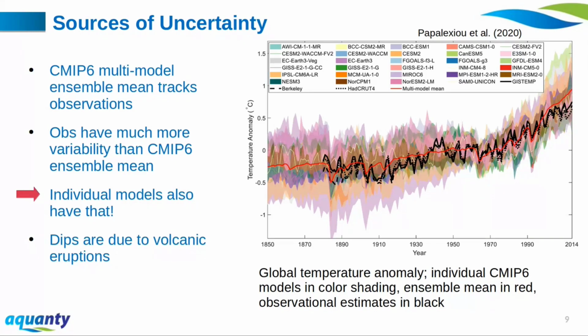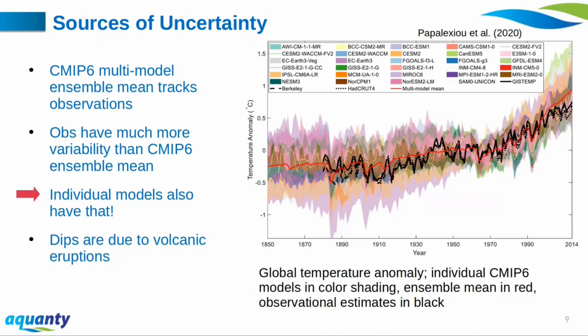There is the red line, that is the multi-model ensemble mean from CMIP 6. And then there's the black line, or it's multiple black lines, and these are observational estimates of the surface temperature anomaly globally averaged. Right? And you can see that the multi-model ensemble mean actually cuts through the observational estimates really well. The observational estimates, interestingly, have higher variability, so they have all these jiggles around, right?